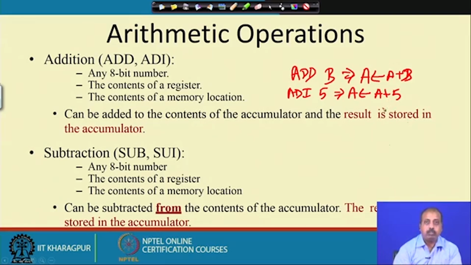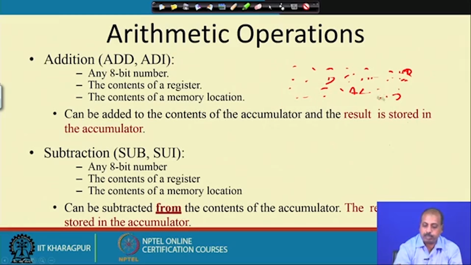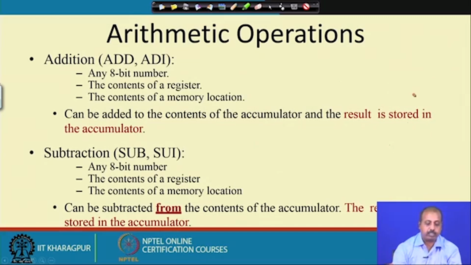So, this way we can have immediate operands and we can add numbers. The other possibility is the subtraction operation. Subtraction is similar to addition, but it subtracts the second operand from the first operand.